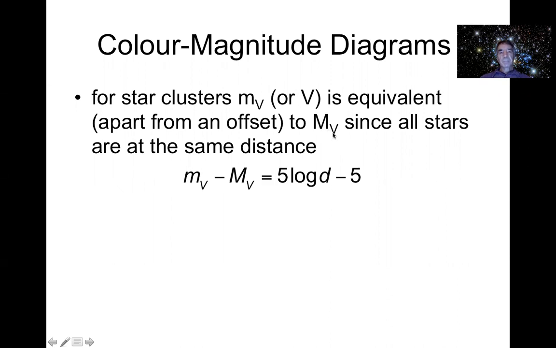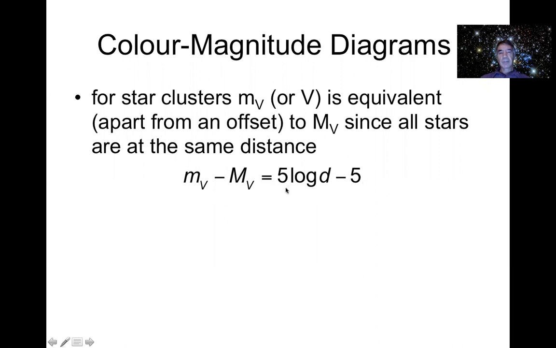And the reason we can do this, and it works for a cluster of stars, it doesn't work for a general distribution of stars, is because the stars in a cluster are effectively all at the same distance. And so this is the relationship that you've had in previous lectures, the relationship between apparent magnitude and absolute magnitude.